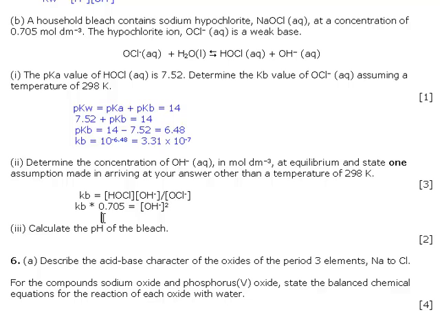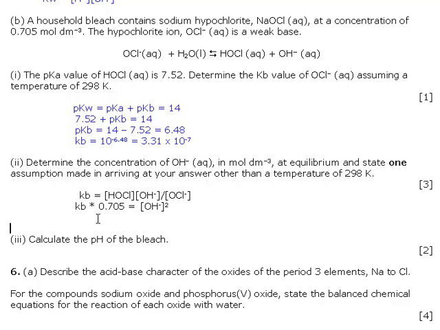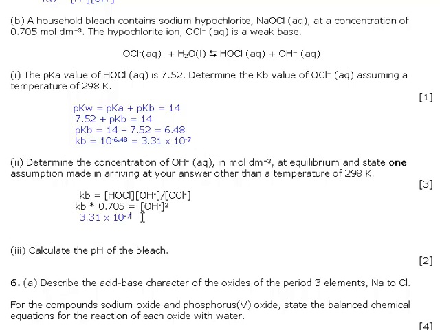Now, to get an expression for OH minus, we know the value of Kb is 3.31 times 10 to the minus 7. Let's put that in here, 3.31 times 10 to the minus 7, and we're going to multiply this by 0.0705, and this is going to be equal to OH minus squared.